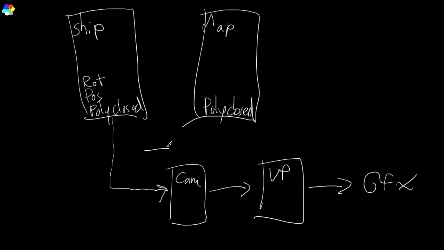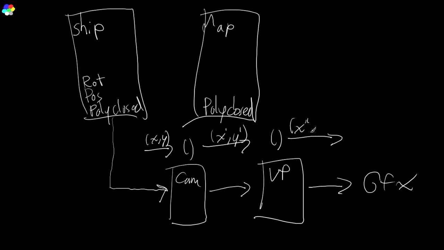So we'd pass pixels or a coordinate to a function, and that function would call another function with x prime, y prime, and that function would call the graphics with x double prime, y double prime. So in every step it would transform these parameters and then pass the parameters on.